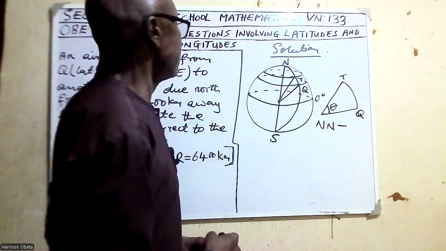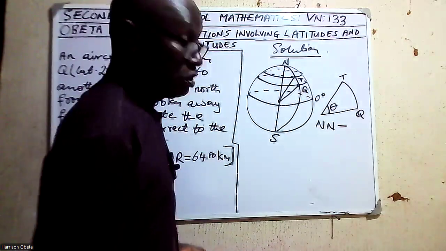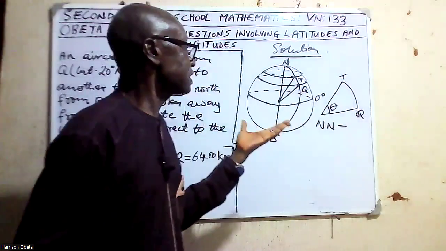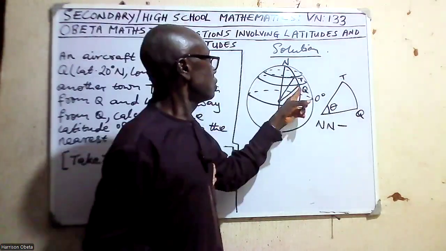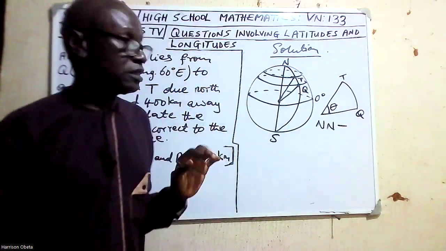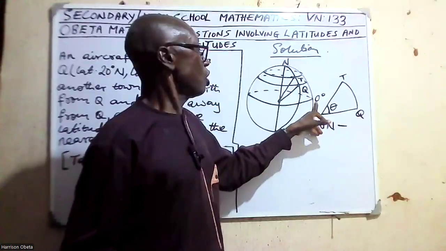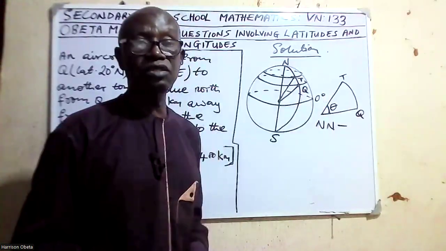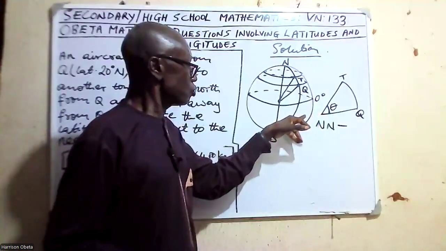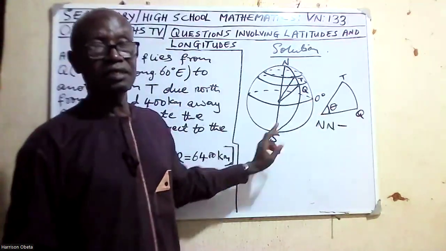But we are yet to know the latitude of T. We are trying to calculate it, which means what we are looking for is the theta. And whatever we get as our theta, we will now add it to this 20 degrees north. Why is it like that? When you start from 0 to the northern part, it will continue to increase until you get to 90 degrees north. As you are coming down, it's decreasing until you get to 0. We continue to increase again until you get to 90 degrees south.